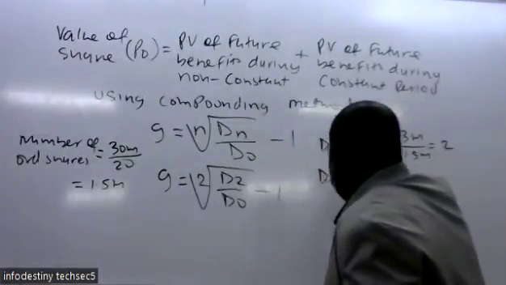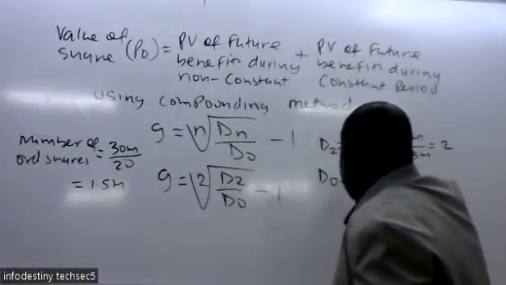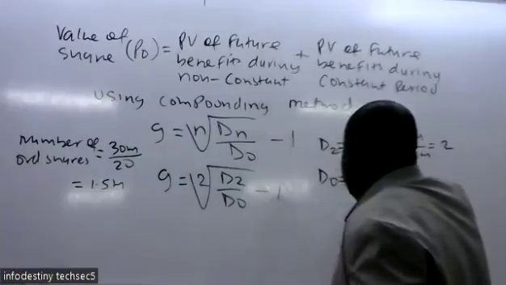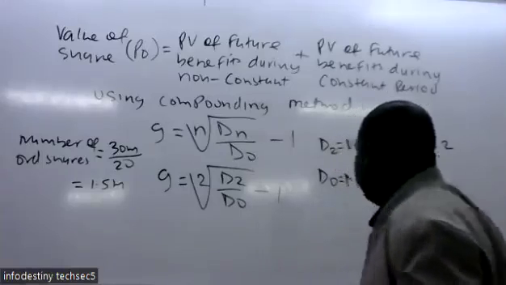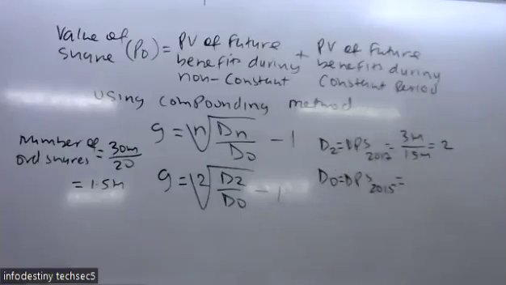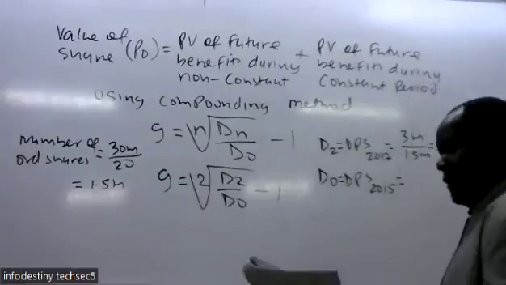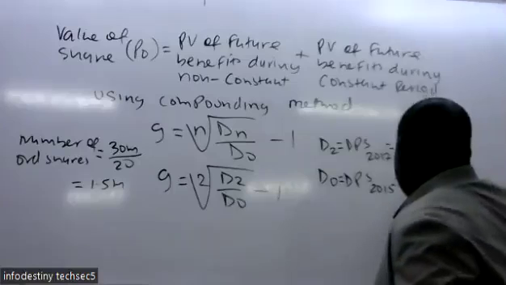Then D0 is the dividend per share in the year 2015. You also go back to the question. Are you able to see the proposed dividend for the year 2015? They have given us 2.1 million.